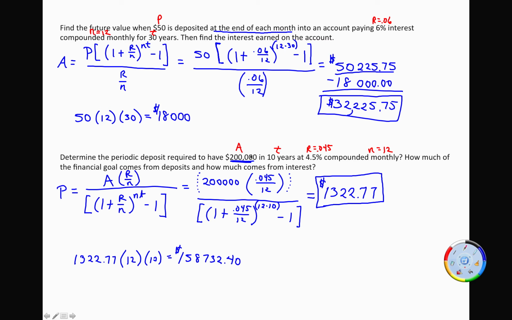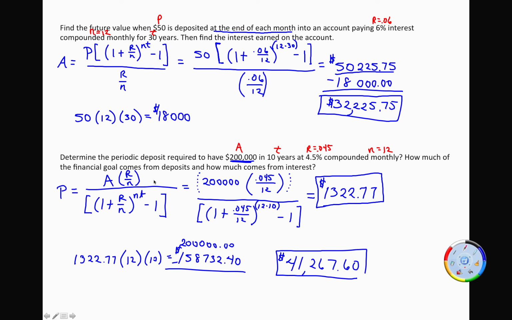So if I subtract this from 200,000, then I see that $41,267.60 is interest.